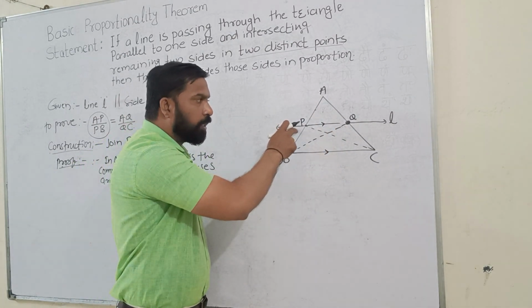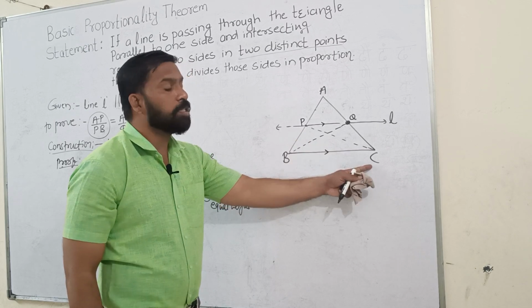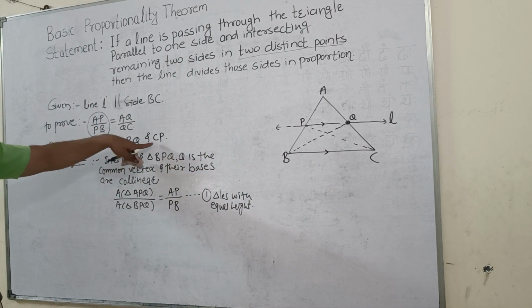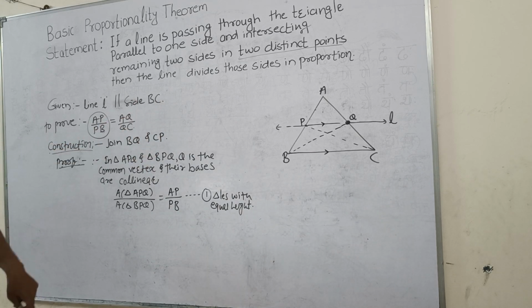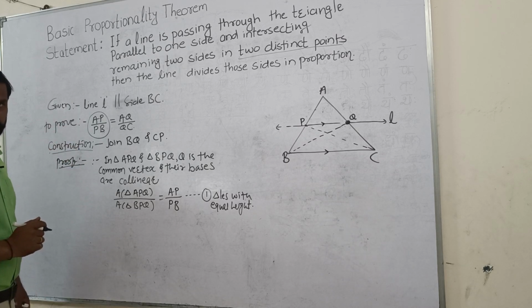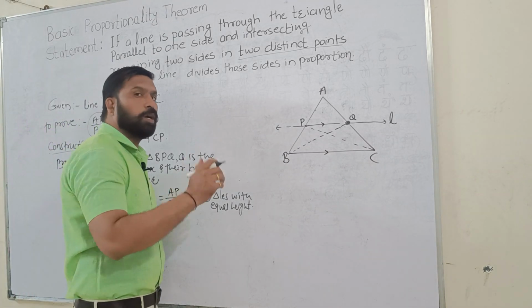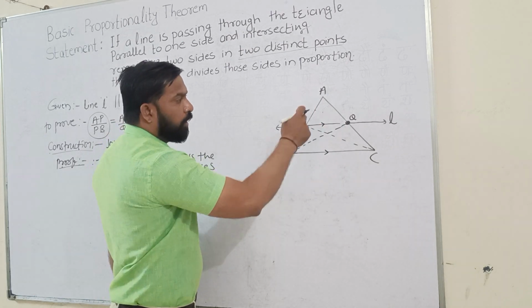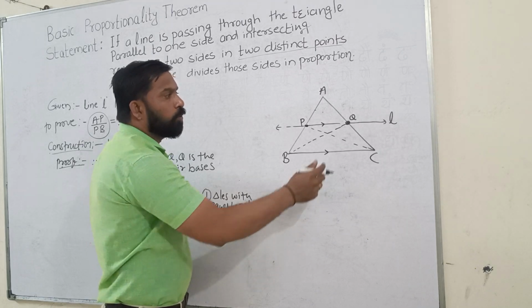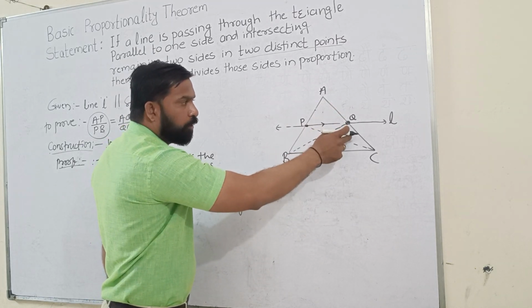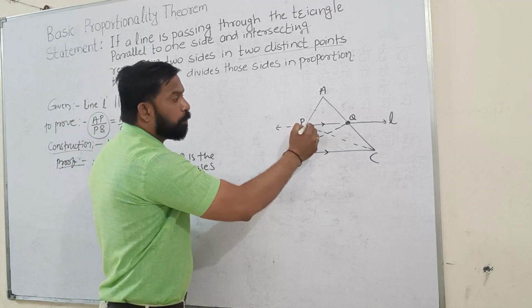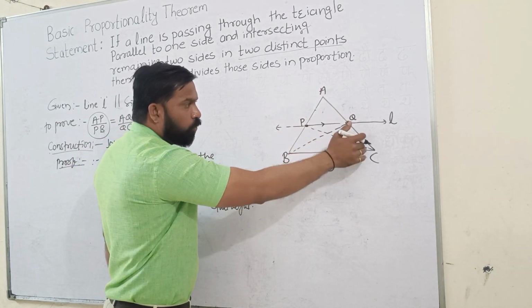To have the common vertex and collinear bases, we join CP, which we already wrote here. Now similarly we can write about APQ and CPQ as well. But what is going to be common in APQ and CPQ? P and Q are common. As per Q, bases are not the same and heights are not the same in APQ and CPQ. But as per P, bases are collinear.